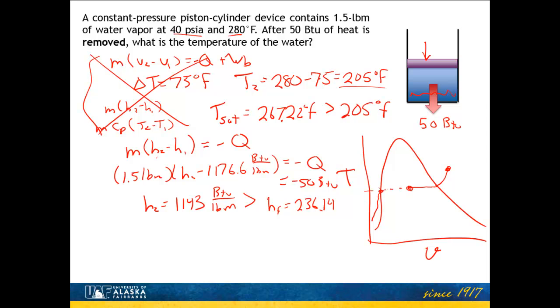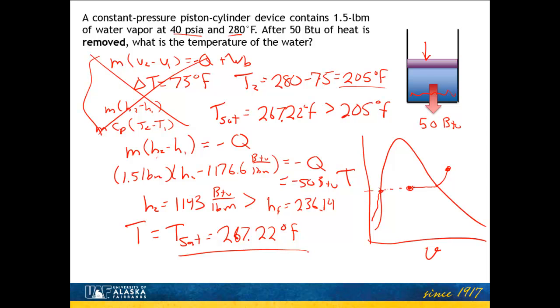So therefore, I'm at this point, and my temperature is simply the saturation temperature, which we found at the very beginning of the problem, and that was 267.22 degrees Fahrenheit. So kind of a lot of math in here just to end up getting a value I read off the table, but it's because I had to determine what my final state was, and I had to use the tables to do that.